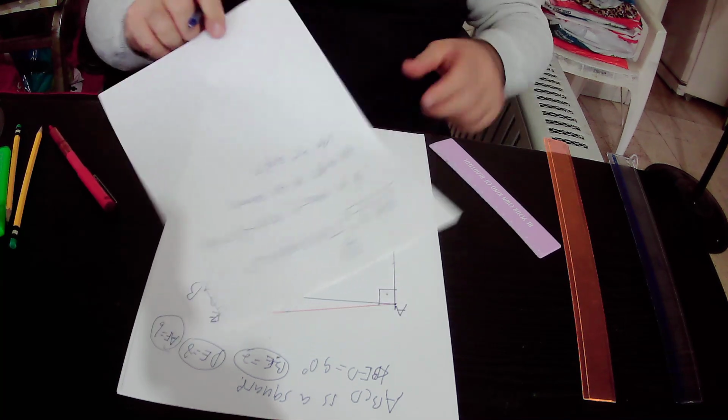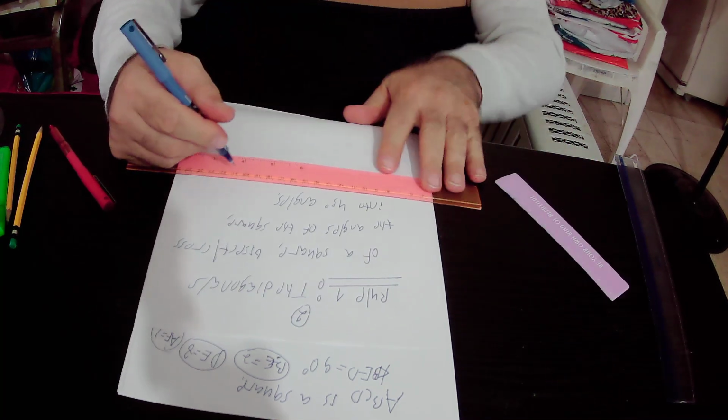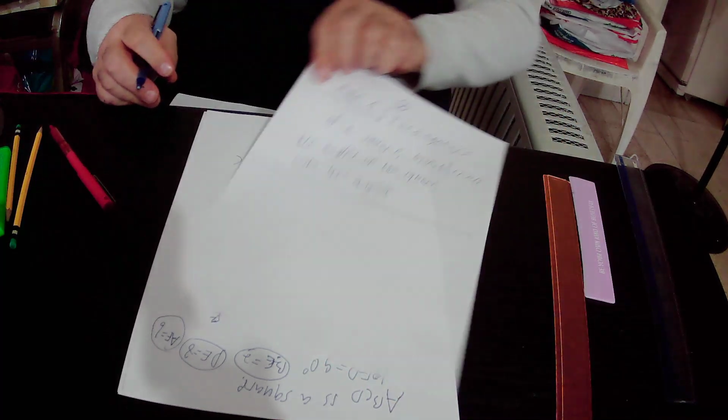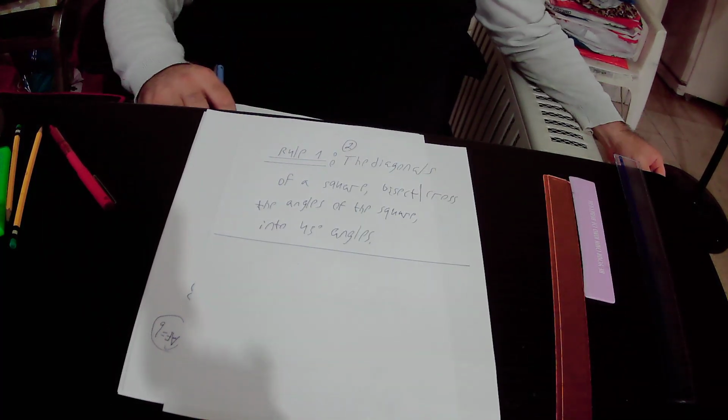I will repeat rule number 1 again: the diagonals of a square bisect the angles of the square into 45 degree angles.